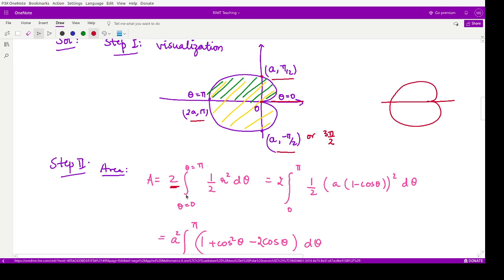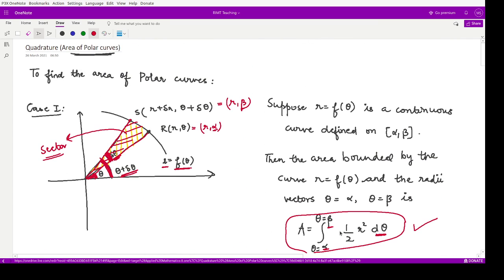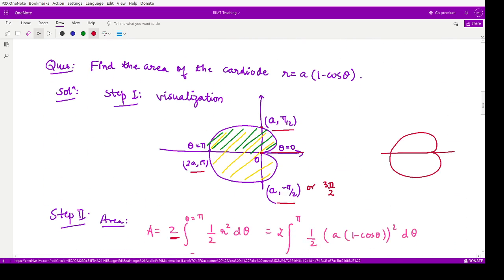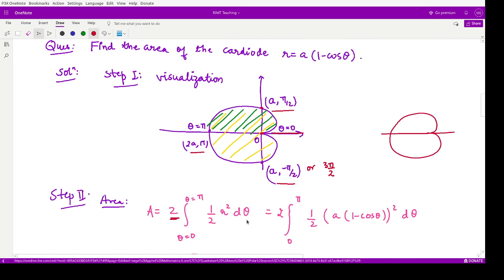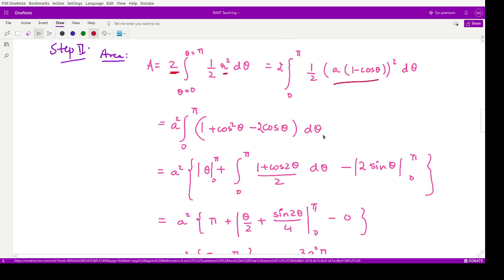So 2 times the formula for area, we'll use this area. It is half r square d theta. What is the value of r? It is given to be this one. So substituting here the value of r and just performing the calculations, we can open up this square.